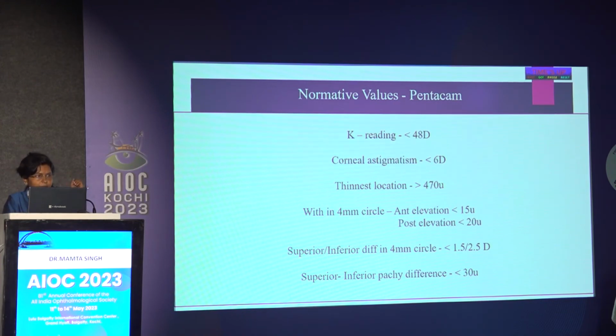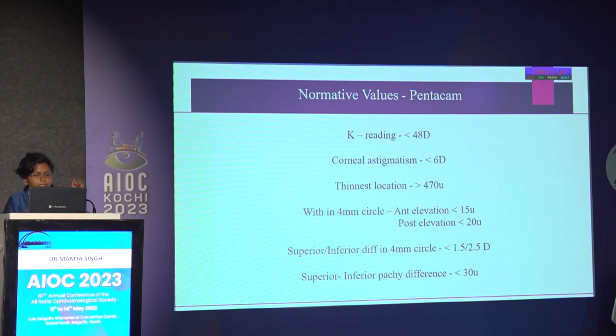Thinnest location, even for PRK, better to have a lowest value of 470. Within the 4 millimeter circle, the anterior elevation should be less than 15, and posterior elevation should be less than 20. If the superior is steeper than the inferior, then the difference has to be less than 1.5. If the inferior is steeper than the superior, the difference has to be 2.5.